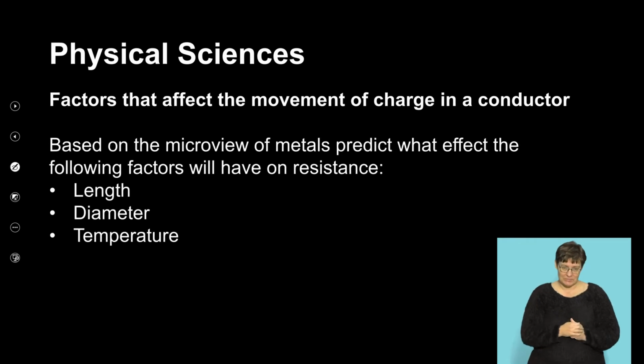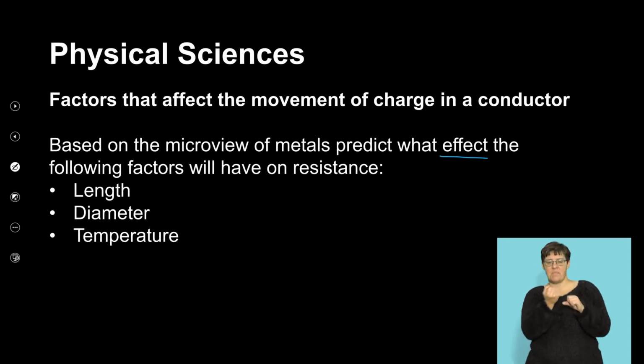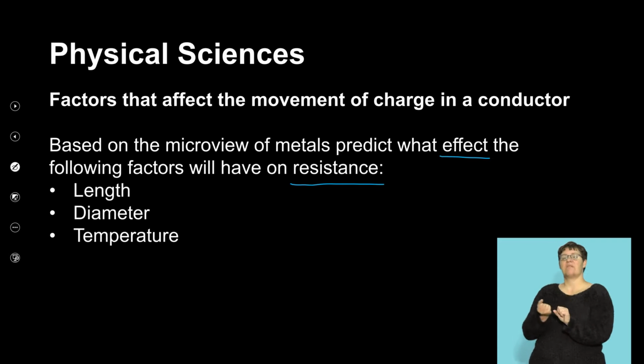Now, based on this microview of metals, we are able to predict the effect of each of these three factors on resistance. In other words, how does length affect resistance? How does the diameter of a conductor affect its resistance, as well as temperature?